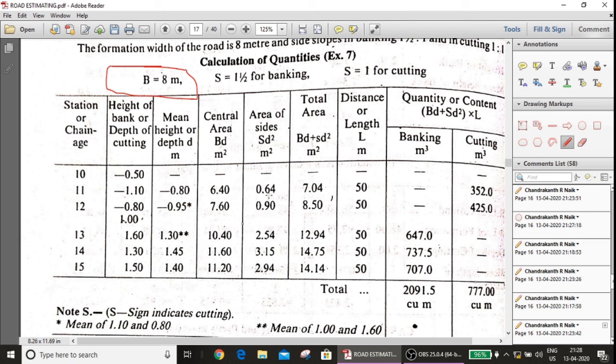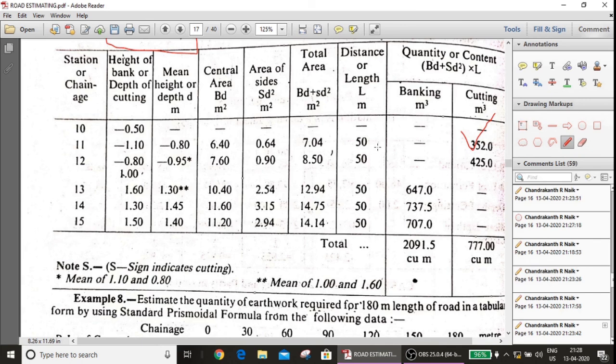Then for banking, we have to take 1.5 S D square, then total area is BD plus SD square, then multiply by the distance. Here we are doing cutting, so the quantity is 352.0. For the 12th station it is also 0.80, 0.95, 7.60, 0.90, by the same method as done earlier.